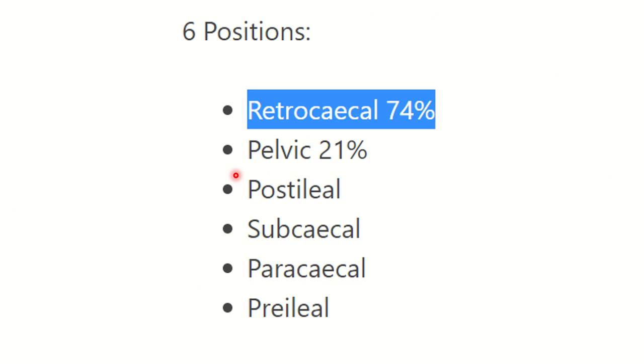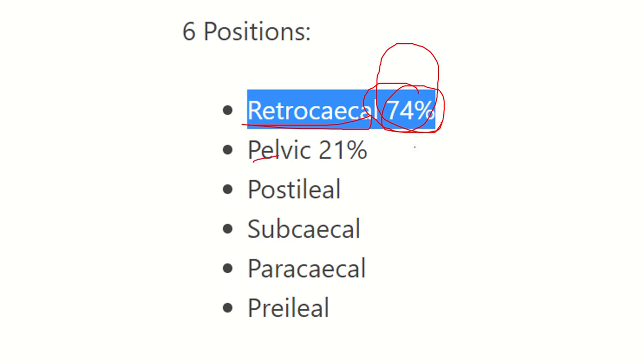Now the appendix can be located in different positions. First of all, here we can see the retrocecal, which is the maximum portion, and it is 74%. So among the different positions of the appendix, the most important position is the retrocecal, that means behind the cecum. So the retrocecal position is the most common position of the appendix.